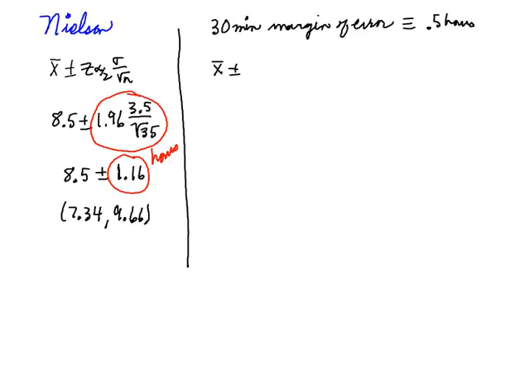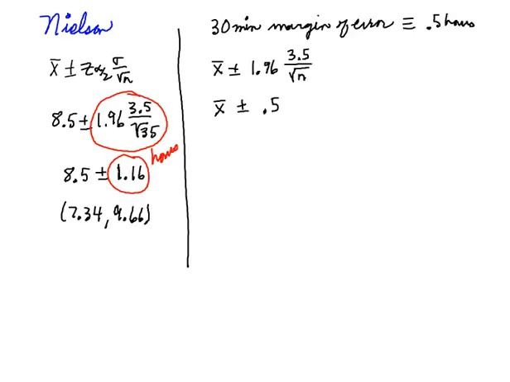So x bar plus or minus, what we have is 1.96 for our z value. Still want 95% confidence. We have sigma, or at least a very good estimate of it, and we're asked what sample size do we need so that the margin of error calculation will not be 1.16, but will be 0.5.